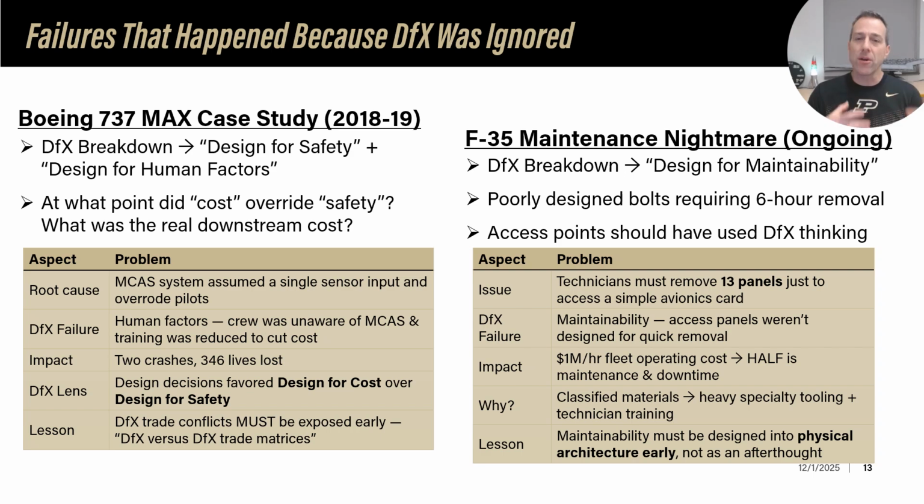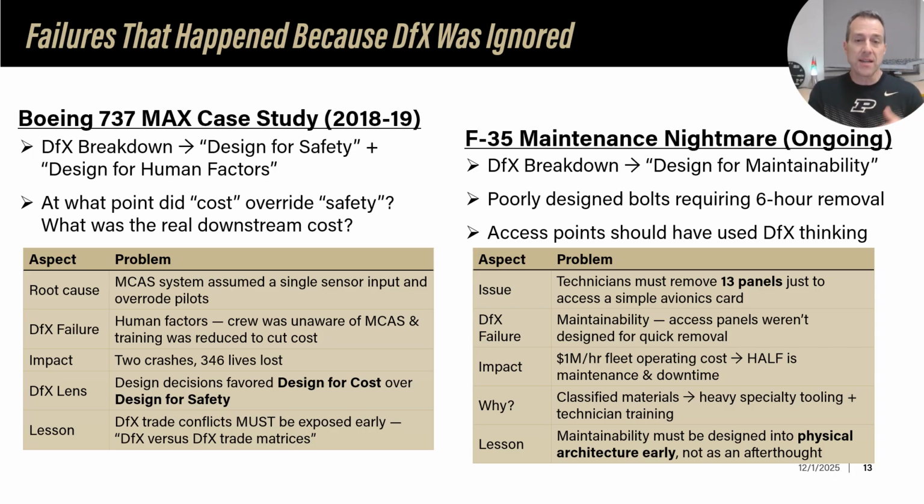And if we don't prioritize them properly, and safety should be right there at the top, then we have to do something about that. We need to resolve that. We need to just not ignore it. So those trade conflicts should have been exposed earlier. Just kind of running past it resulted in lives lost.